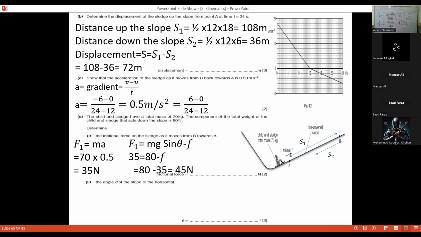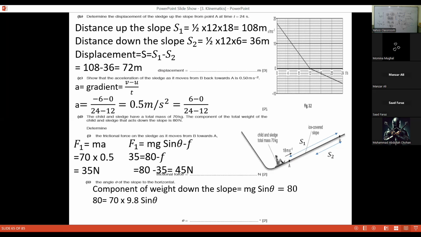Then they ask us, what is the value of the angle? We know component of weight down the slope, mg sin theta, is 80. We have to find the angle. Mass is given to us as 70 kg.